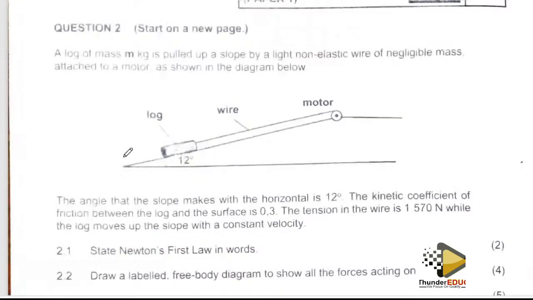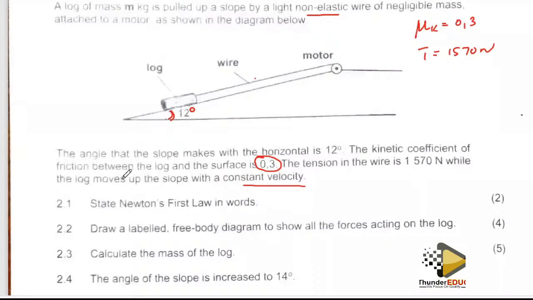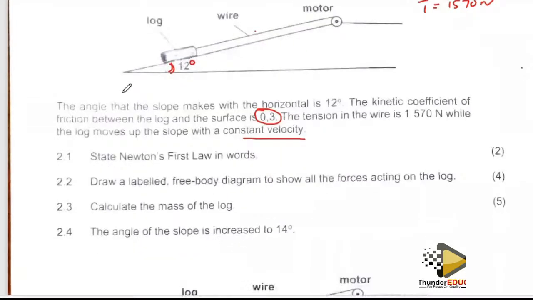Move on to question number 2. They're telling us that a log of mass M is pulled up the slope. We're saying a body remains at rest or continues in its motion at constant velocity unless it's acted upon by an external force or a net force.